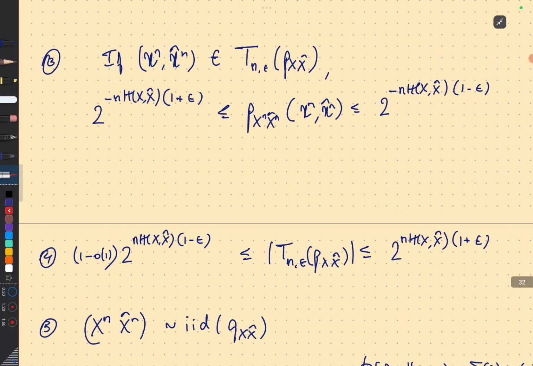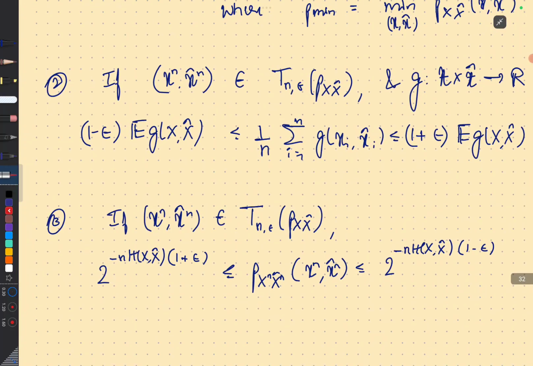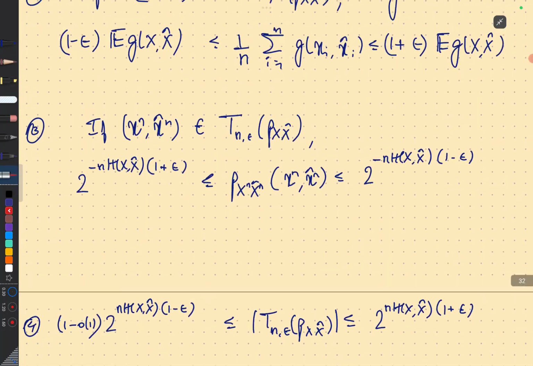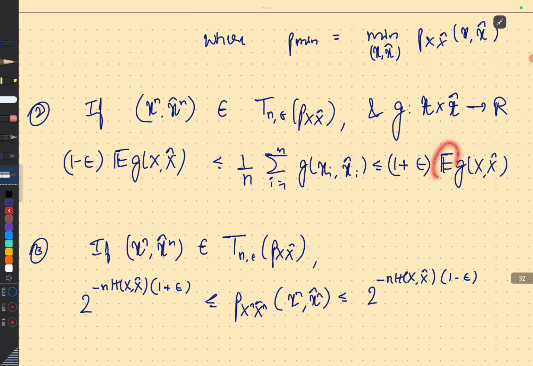If you go back to this property that we had over here, if you have a pair that lies in the jointly typical set, then for every function g, the empirical average of the function values is upper bounded by 1 plus epsilon times the expectation. And this expectation is taken with respect to the distribution p x, x hat.